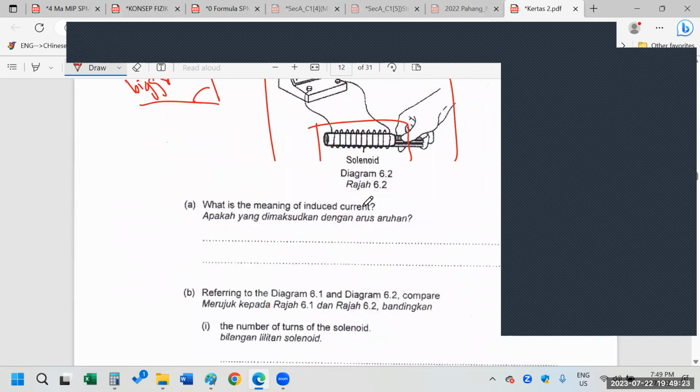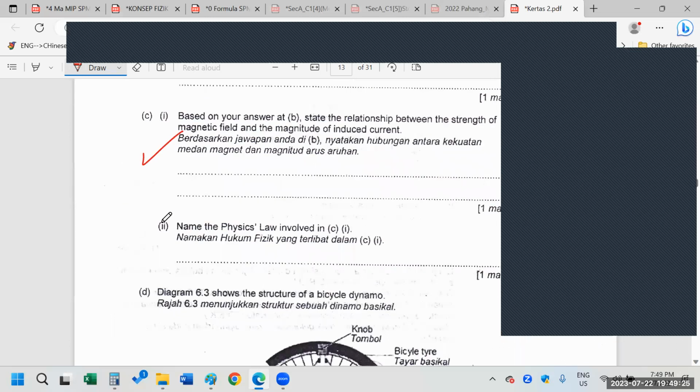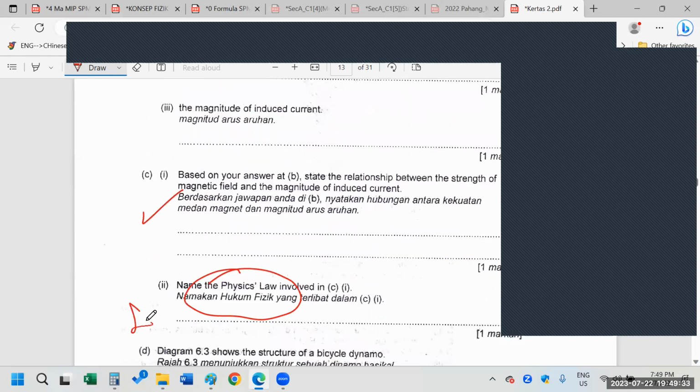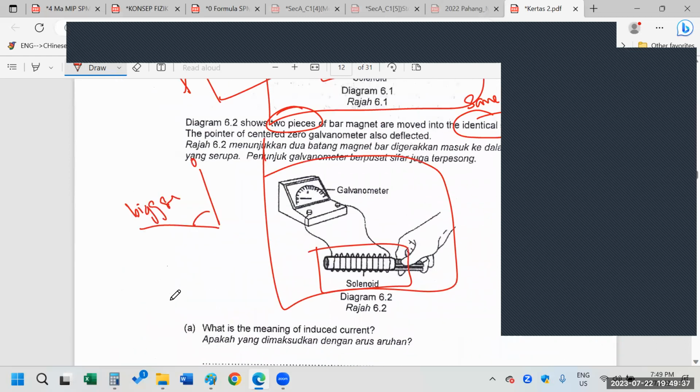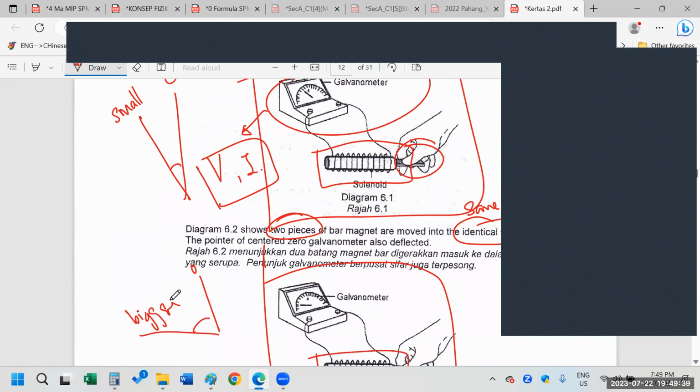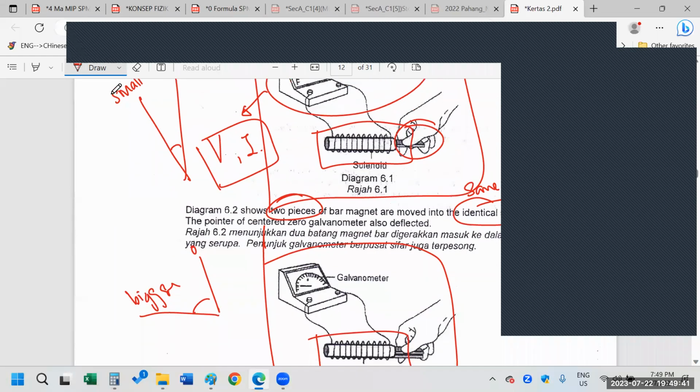At least 4 marks, because sometimes the 5th mark, they don't ask relationship, but they ask the physics law. Let's say you forget, you still can score 4 marks. So physics is quite easy to score as long as you know how to get marks from questions.